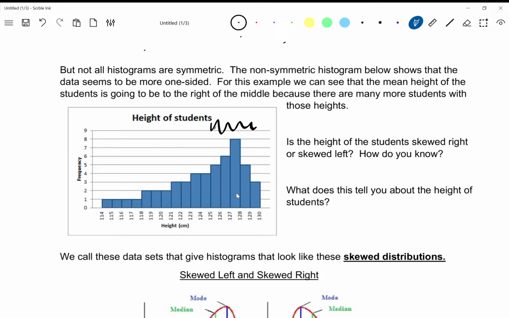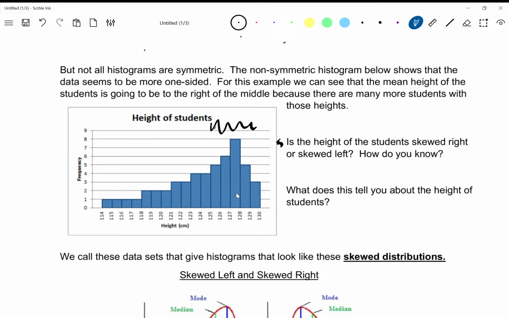And the weird part is it's the exact opposite of what you're expecting. Over here on the side it says, is the height of the students skewed right or skewed left? How do you know? This is actually going to be called skewed left.